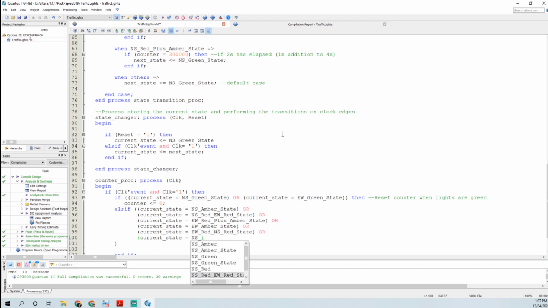So that's going to be, what did I call it? North-south red plus amber. And that is when I would like to increment my count.